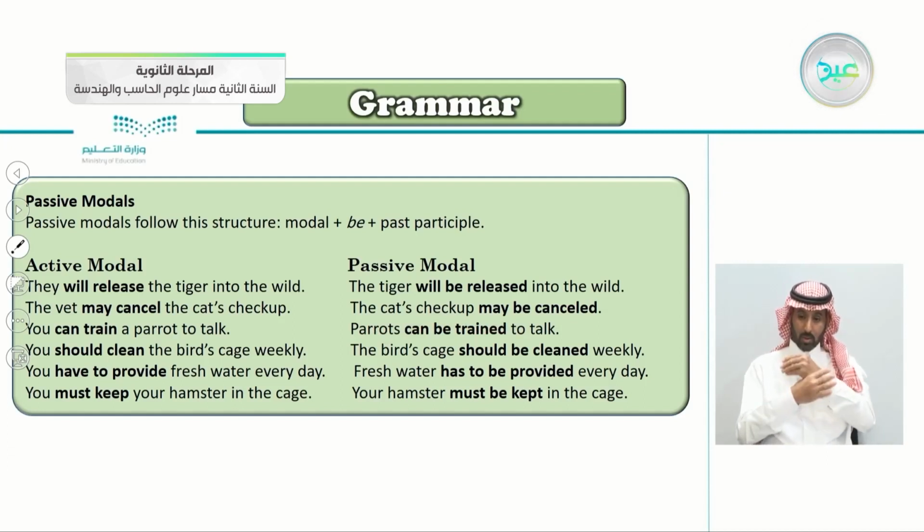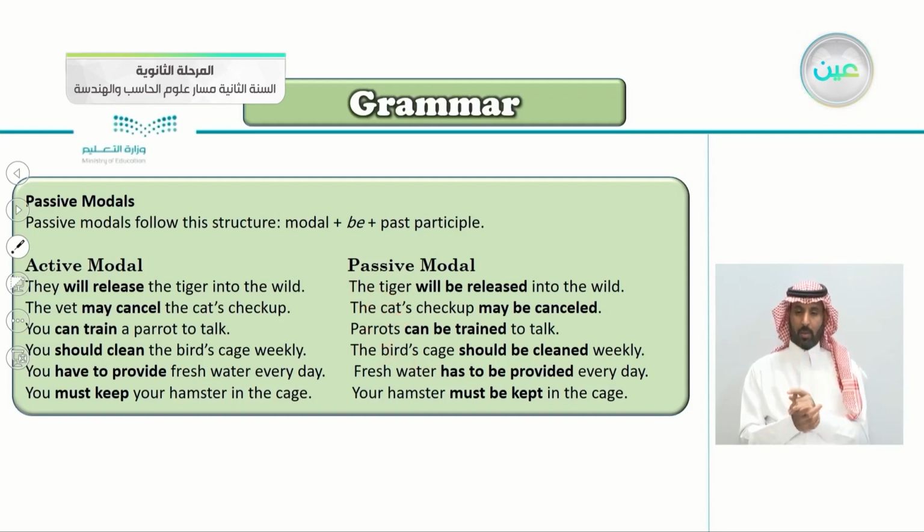Notice here in the active sentence, it's just two words, should and clean. But in the passive, we have three: should be cleaned. So we say the bird's cage should be cleaned weekly. Notice that in the passive, we always begin with the object.